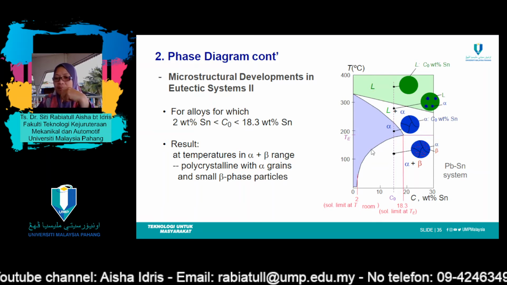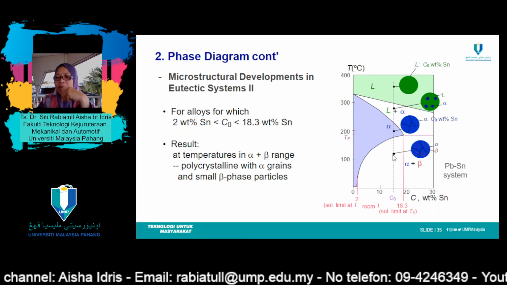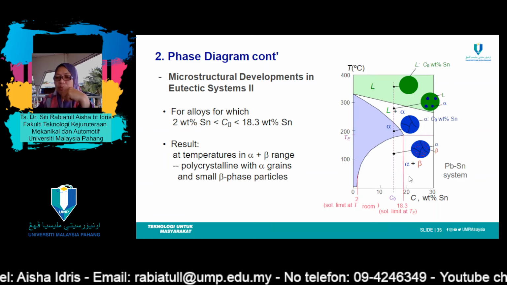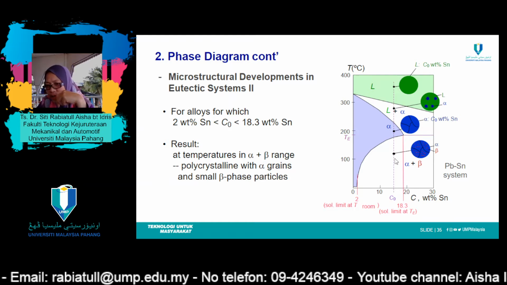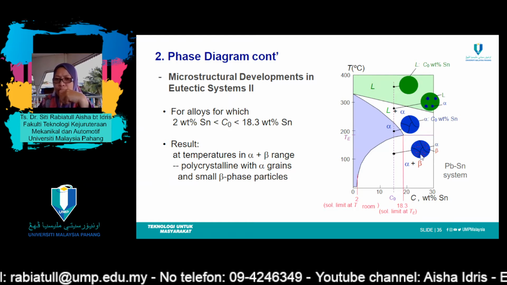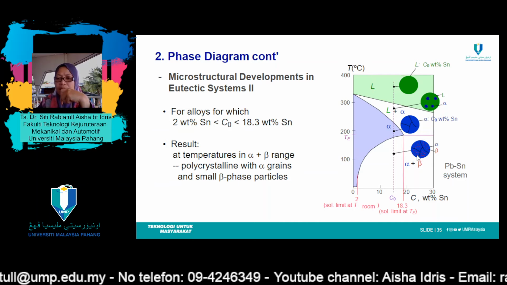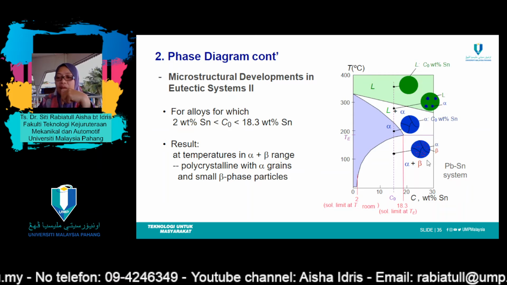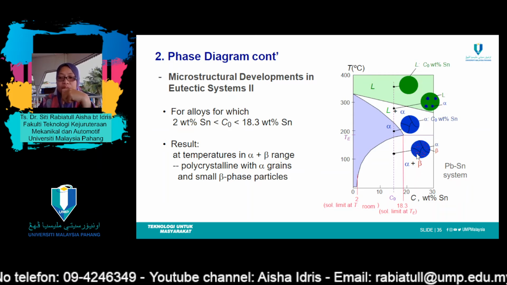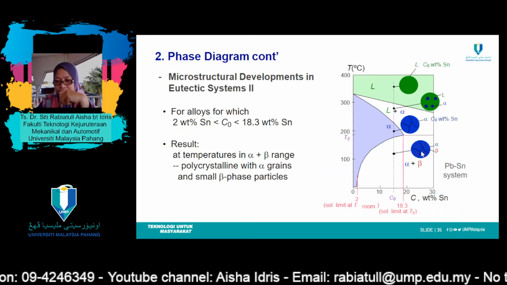After this line, you are reaching a phase with alpha plus beta. So after solidification, you should be able to see there's a precipitation of beta in alpha microstructure, which appears as dots.